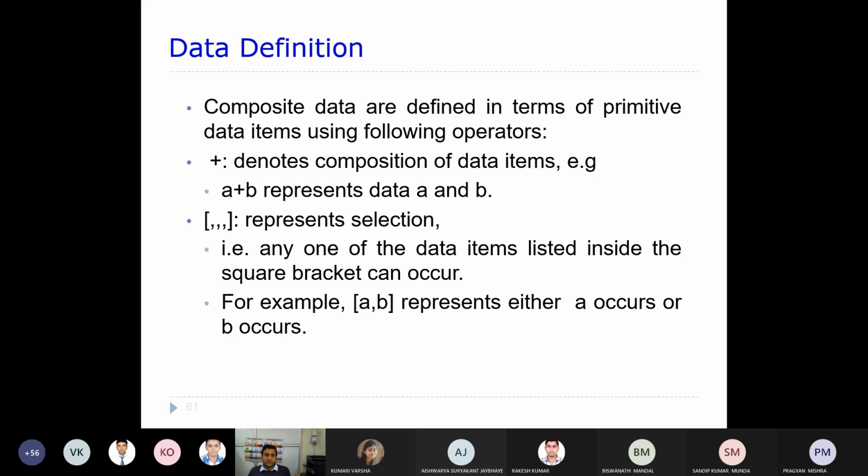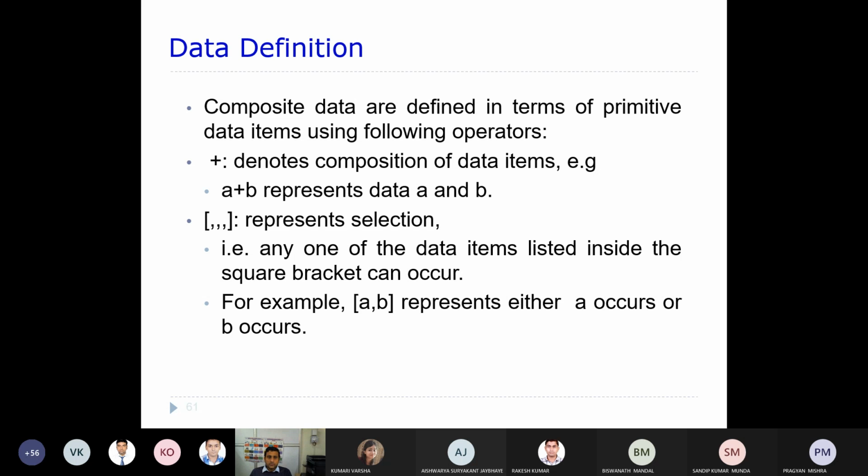If that sort of thing is there, then that can be represented by the square bracket, within which you will write all the data items separated by a comma. So if somebody writes A, B within the square bracket, that means sometimes A can appear or sometimes B will appear. This can be represented this way, right?